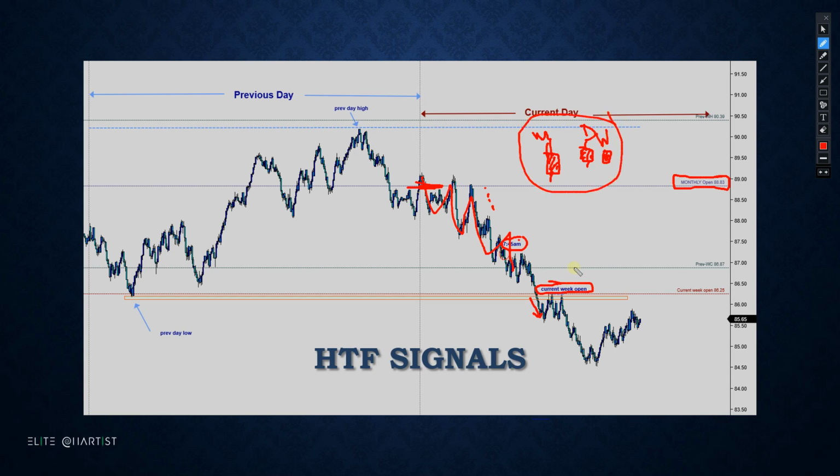Three major time frames are screaming sells, are red. They're down candles, so the odds are that it might be breaking down. As you can see, if you observe price action, it held this area, the previous week low, previous day low and the current week open, and gave a really good sell trade.